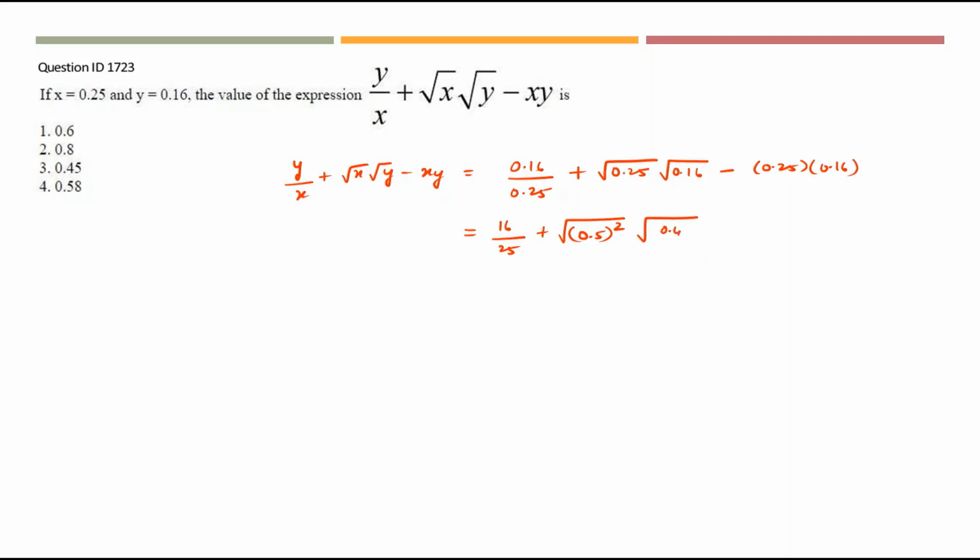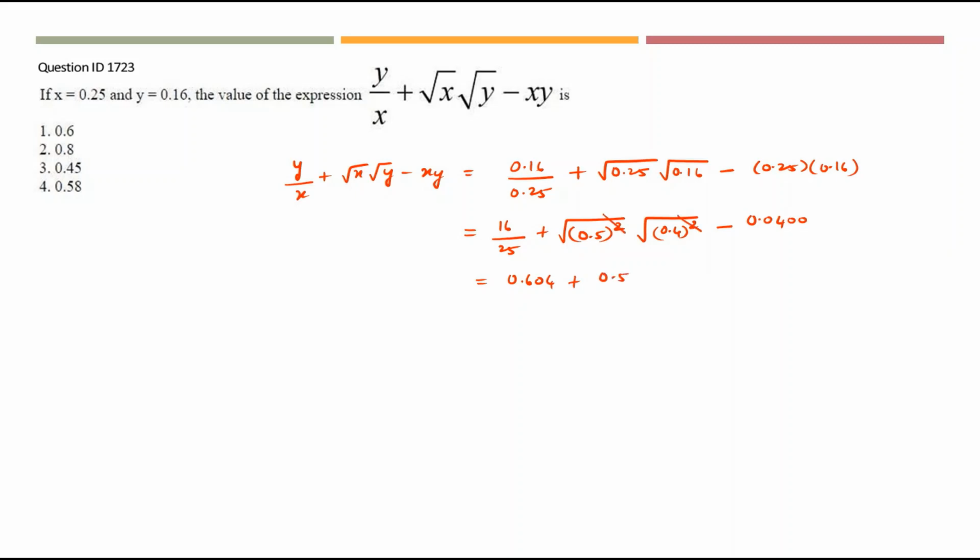So 0.4 square minus 0.25 into 0.16 will give 0.0400. 16 divided by 25 will give 0.64 plus when there is a square root and a square we can just cancel them.